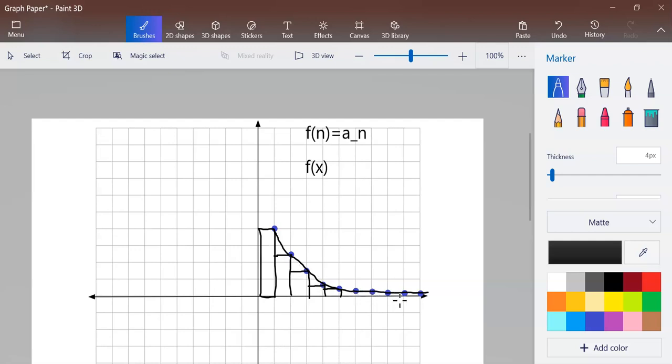That's why we needed to have a decreasing sequence. We needed a positive sequence of numbers, or the functions should have been positive so that we could actually do this, getting area underneath, and then decreasing because then that shows us these rectangles are always underneath the curve.